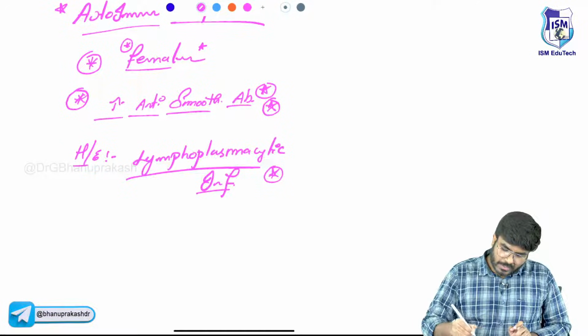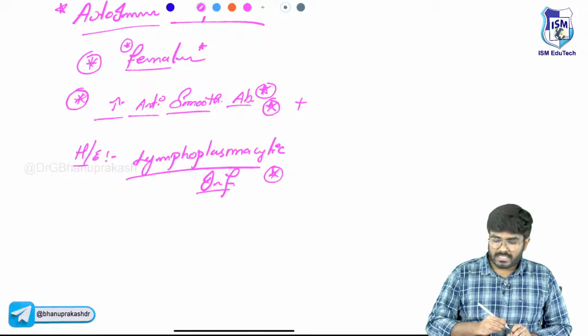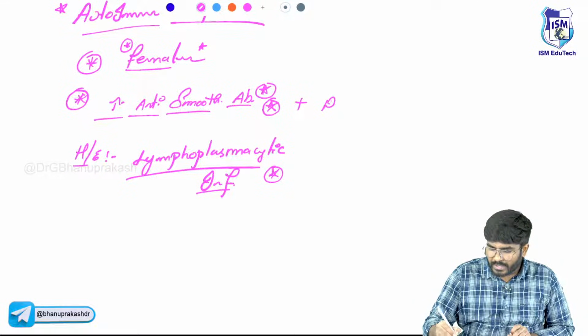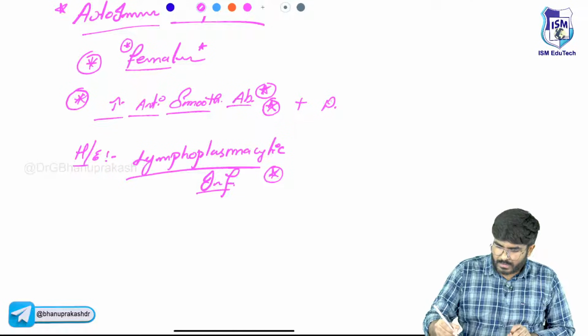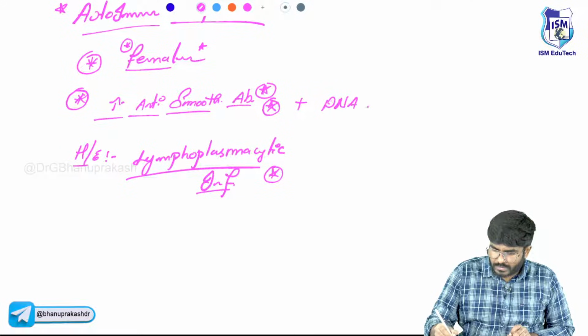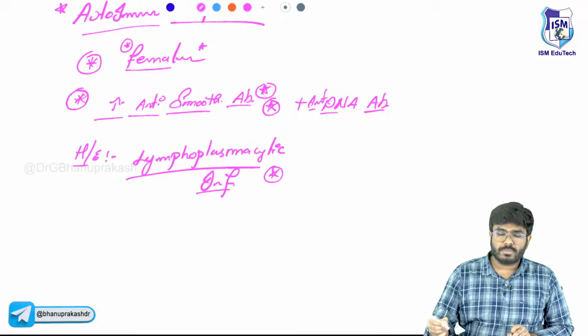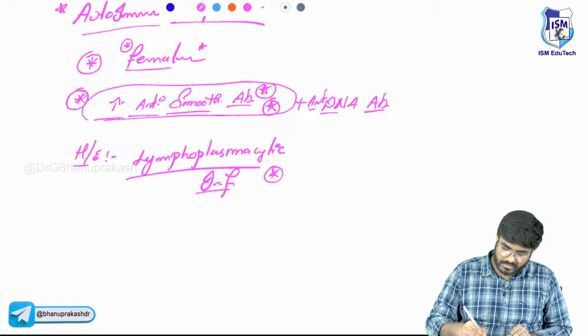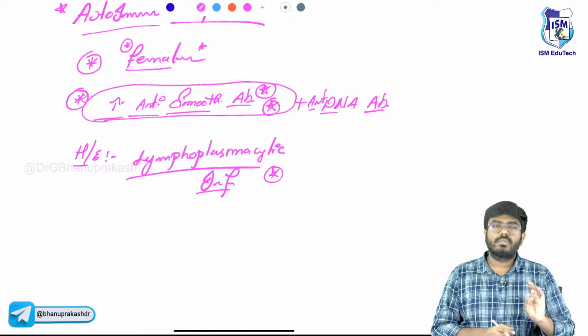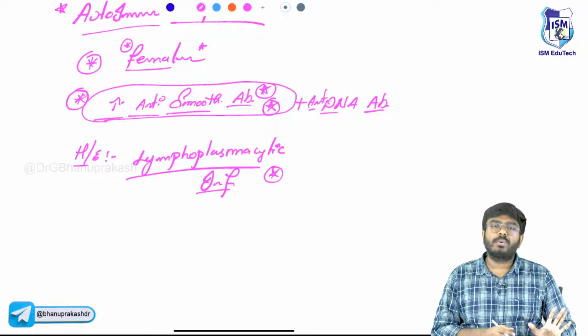These patients are not only going to have anti-smooth muscle antibodies but also anti-DNA antibodies. Anti-DNA antibodies are seen in many conditions and are not specific, but whenever you see anti-smooth muscle antibodies, it is always autoimmune hepatitis.